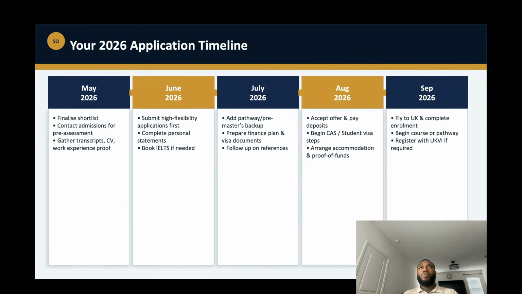And I'm sure some people will be wondering, okay, if you're not charging us a dime, how are we making money as a business? For full disclosure, and it's important that our clients understand this, we have partnerships with almost all the universities in the UK, about 80 plus partnerships right now.